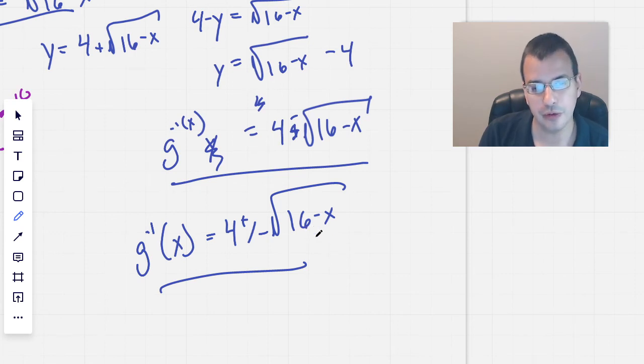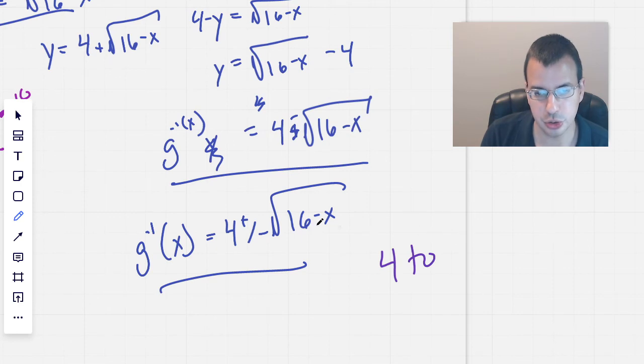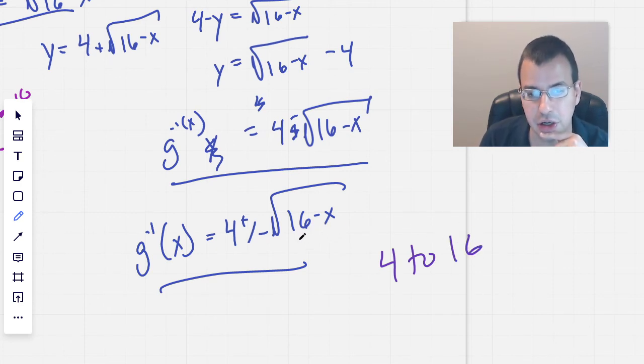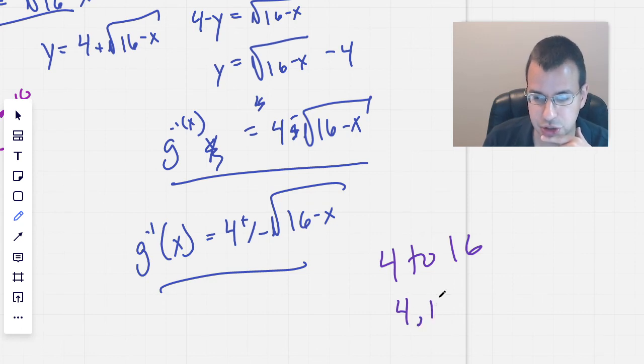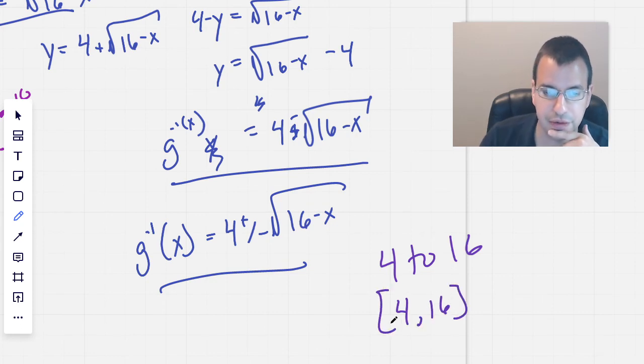So x can be from 4 to 16, because if we got up past 16 here, then we'd start trying to take the square root of a negative. So that's impossible. So 4 to 16 is the domain of x, written something like 4 to 16 inclusive.